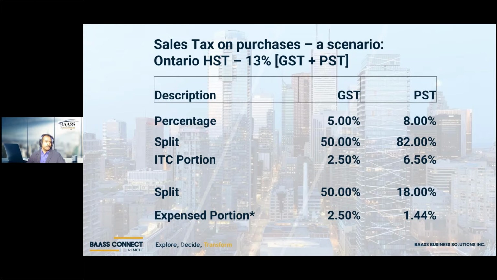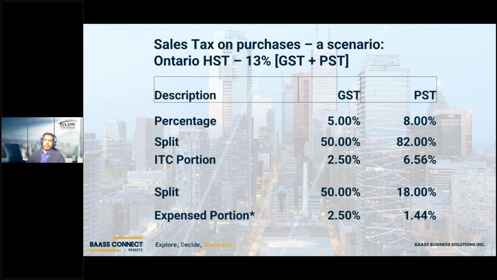But when it comes to a not-for-profit organization, the 13% is split, as you see, into GST and PST, and there are certain percentages that need to go into the ITC, which is the claimable portion, and the rest need to be expensed.